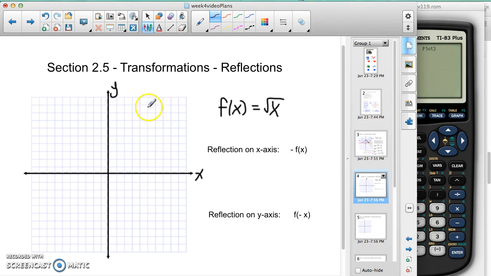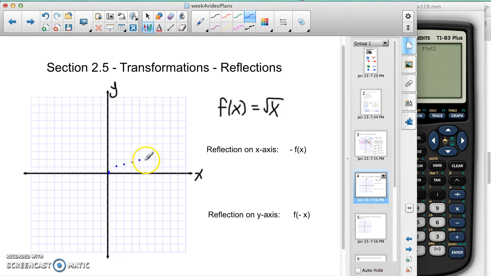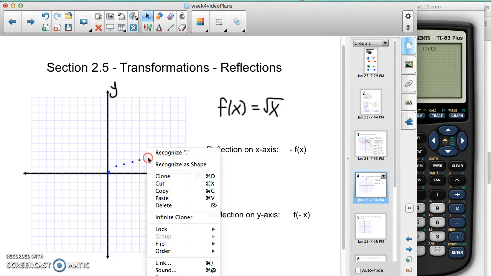In graphing that function, it started at 0, 0. Square root of 1 is 1, square root of 2 is 1.4, square root of 3 is 1.7, square root of 4 is 2, square root of 5 is close to 2.1.